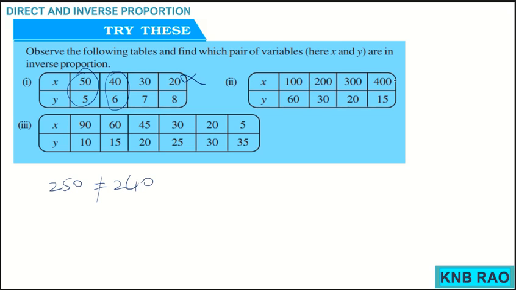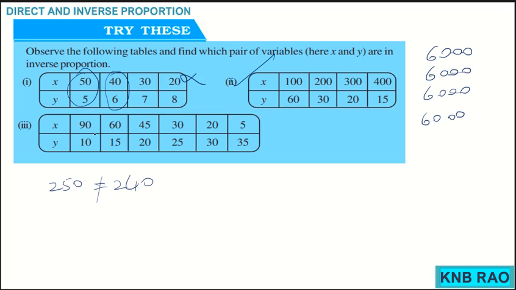Coming to table 2, the product of 1 and 60 gives 6000, 2 and 30 gives 6000, 3 and 20 gives 6000, 4 and 15 gives 6000. Therefore the second table is inversely proportional.